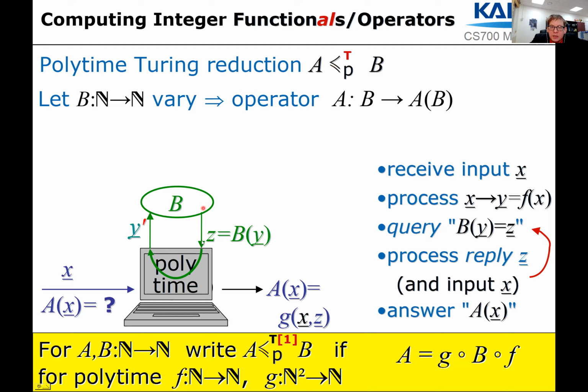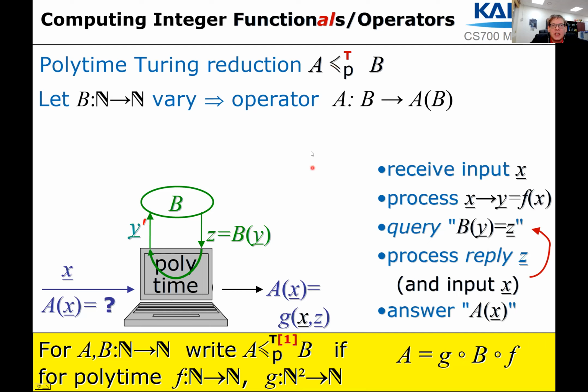But this process can be repeated many times, but each time the oracle gets invoked is of course also charged to the overall running time of this translation, and the overall running time must be polynomial.